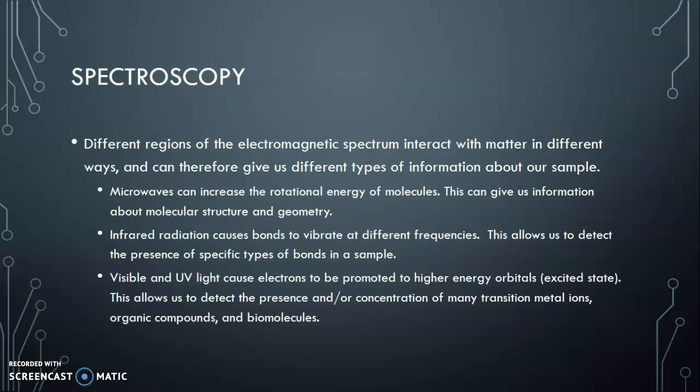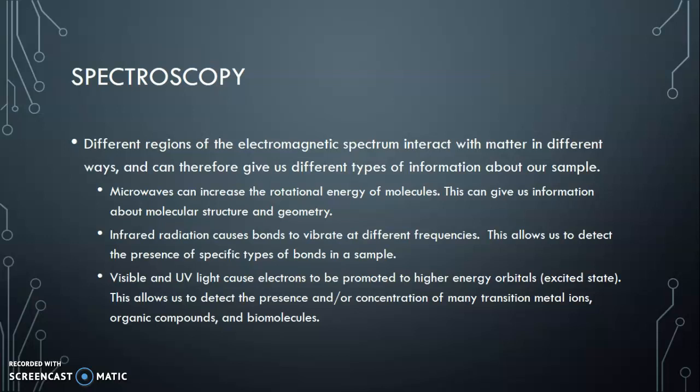Infrared radiation causes bonds to vibrate at different frequencies or in different ways, entering different vibrational modes, and this allows us to detect the presence of specific types of bonds within our sample. For instance, you can tell, is there a carbon-oxygen double bond in my sample? Is there an oxygen-hydrogen single bond in my sample? That is all information that you can get from an infrared spectrometer.